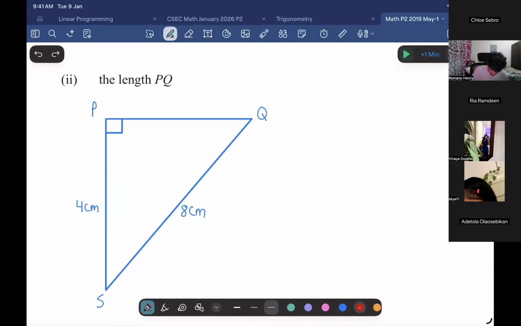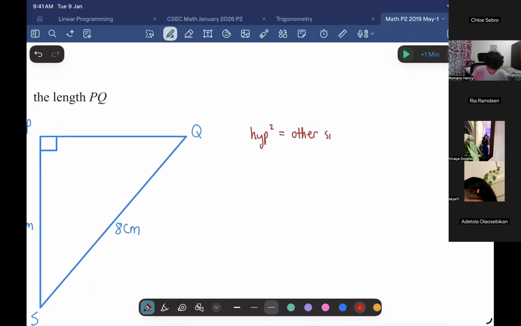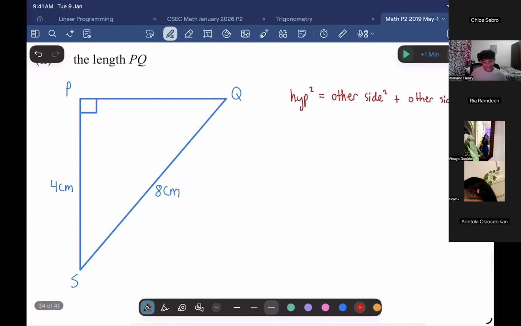If I'm writing Pythagoras theorem for this shape, remember it is the hypotenuse squared equal to the sum of the other sides squared. So hypotenuse squared is equal to the other side squared plus the other side squared. What is the name for the hypotenuse, the length?